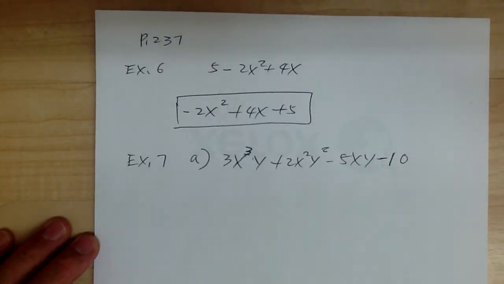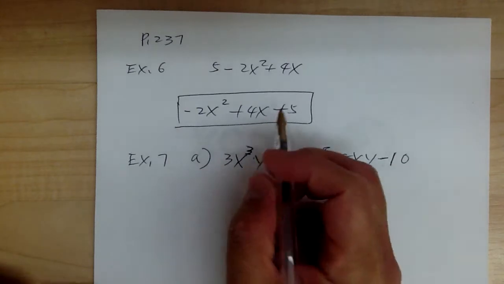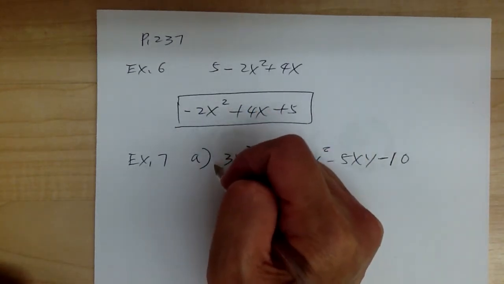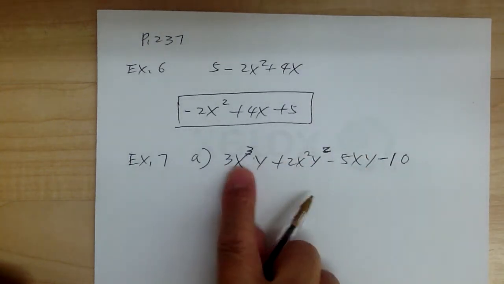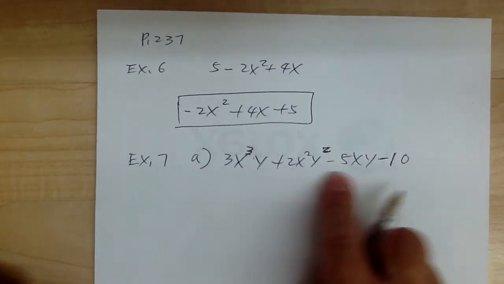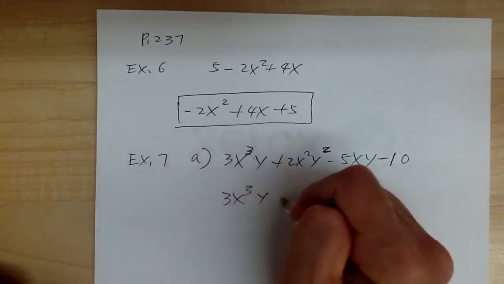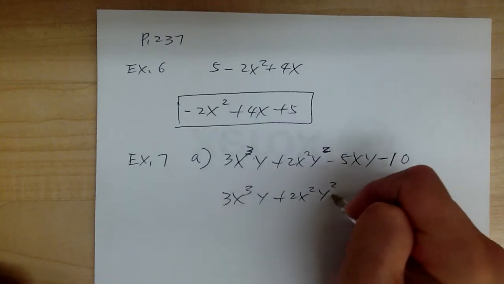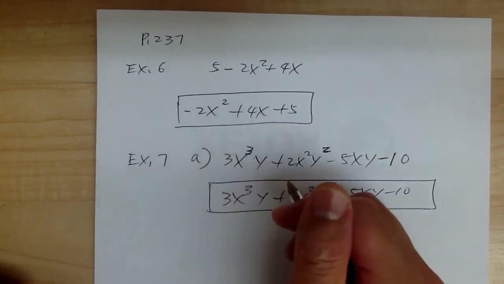The instruction has different parts, part A and part B. For part A, you want descending powers of x. So based on the x, you're going to have 3, 2, 1, 0. So this is already fine. You get 3x cubed y plus 2x squared y squared minus 5xy minus 10. So that's already in descending order of x.